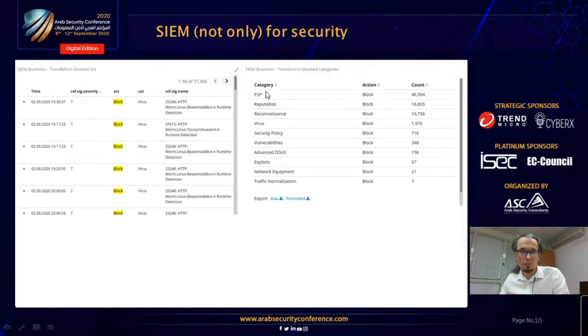On the other side, we have the statistical view for category, action done by Trend Micro, and the count of those events.